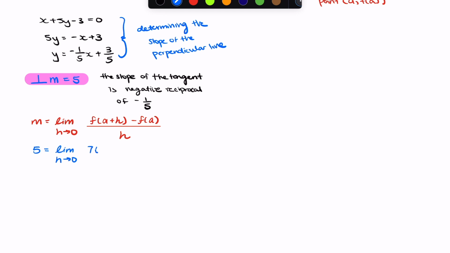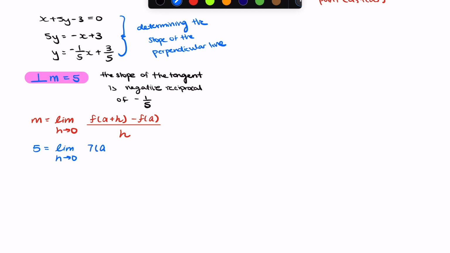So here we have 7 times a plus h squared minus 2 times a plus h minus 7. So this is 7a squared, so this is f of a, minus 2a. Okay, that's all over h.